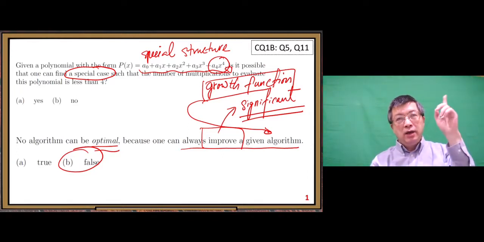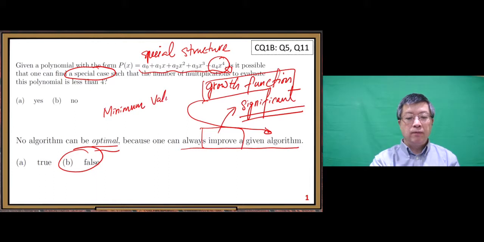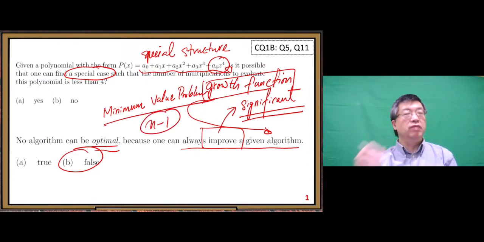We have one example, the minimum value problem, finding a minimum value. In that one, the number of comparisons we use is n-1.